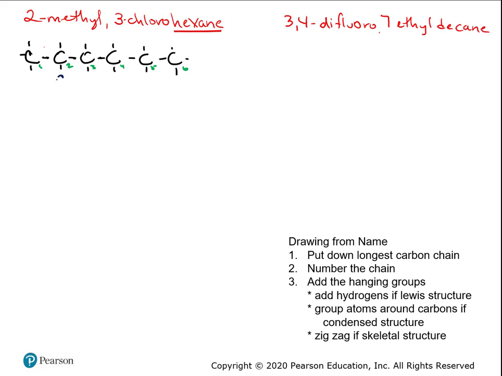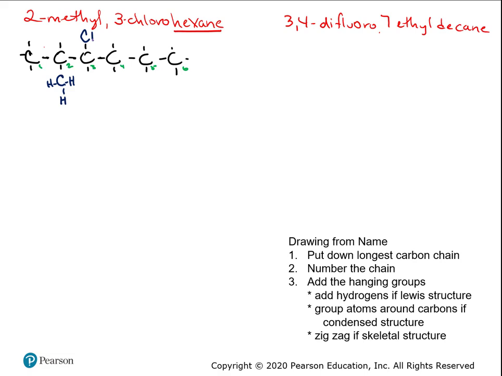So I'm going to have a methyl group, which remember is a CH3, hanging off of carbon number 2. Where am I going to put the chloro? On carbon number 3. I could put it down below or above. I could put the methyl group above or below. It doesn't matter as long as the methyl is on carbon number 2 and the chlorine is on carbon number 3. It doesn't matter if they're both above, both below, or one on either side. I just did it like this because I think it's a little easier to fit everything.